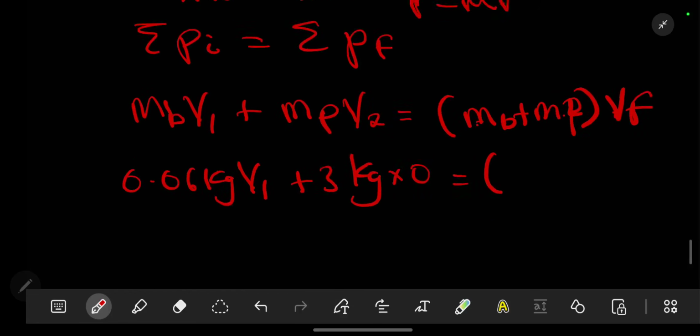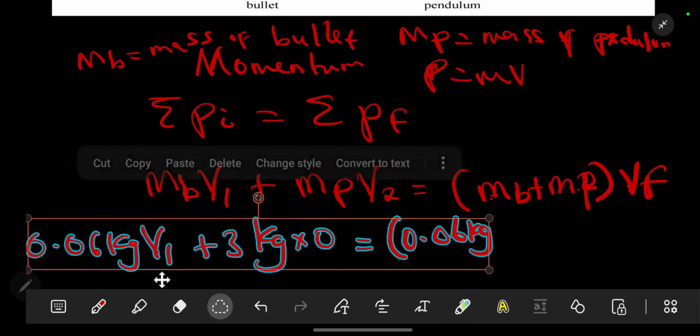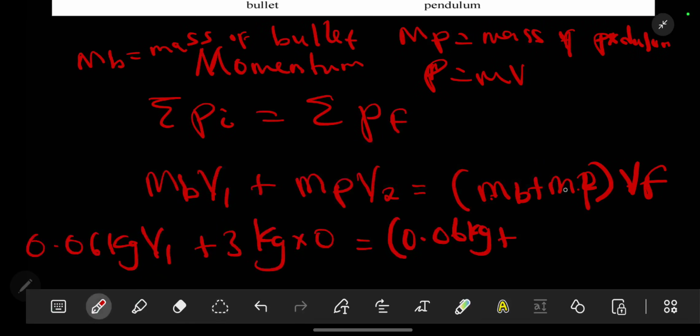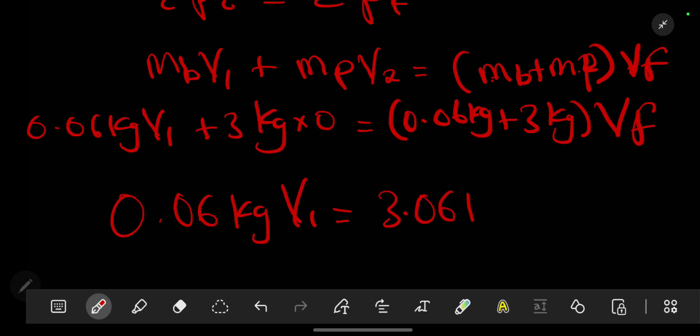So our mass of the bullet is 0.06 kg, plus the mass of the pendulum, 3 kg, times the velocity final, which is unknown. So we have 0.06 V1 should be equal to 0.06 plus 3, which is 3.06 kg, times the velocity final.